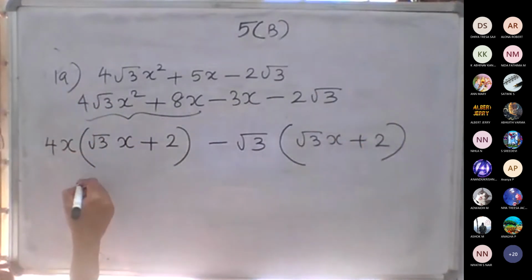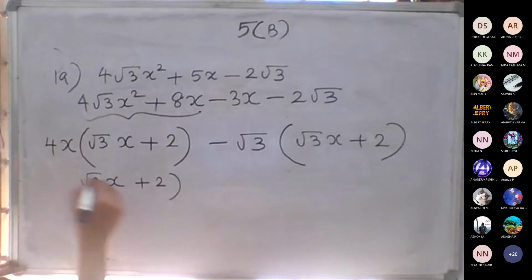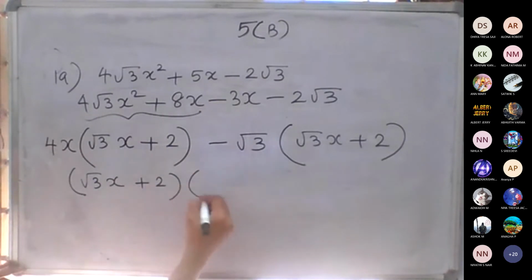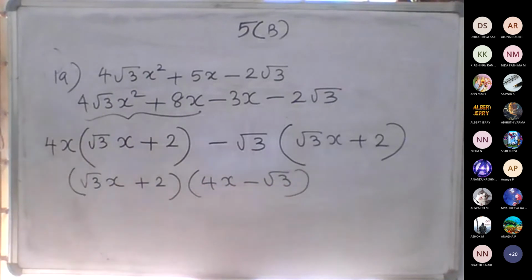Then root 3x plus 2 we can take common. Then the balance is 4x minus root 3.